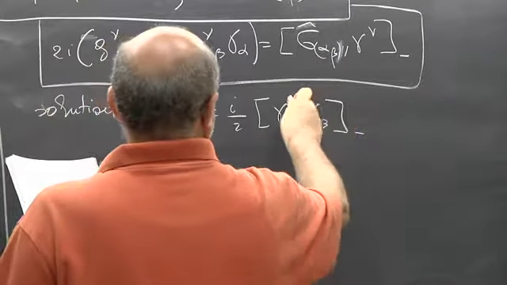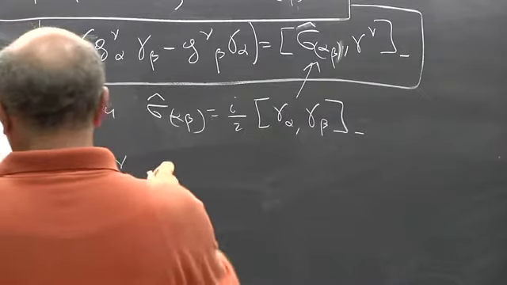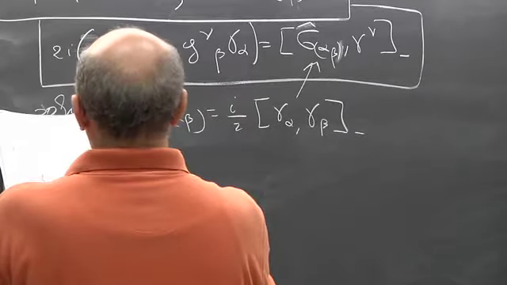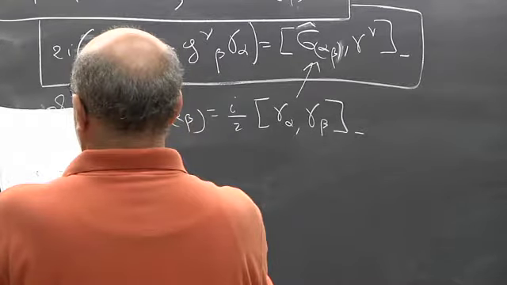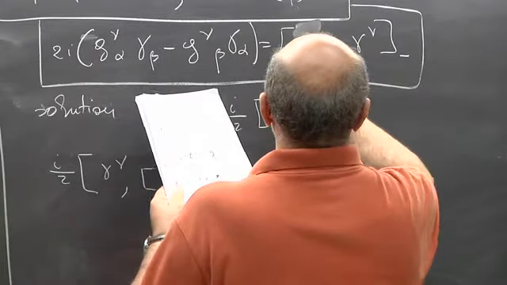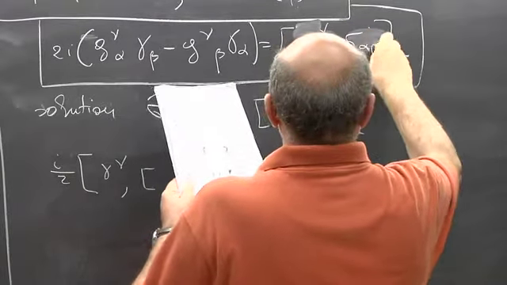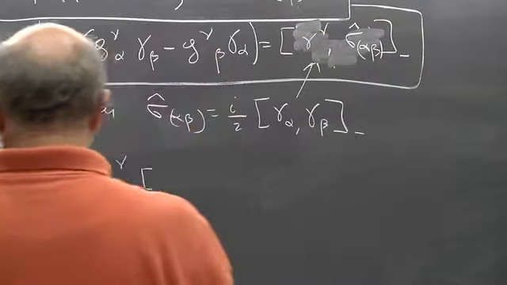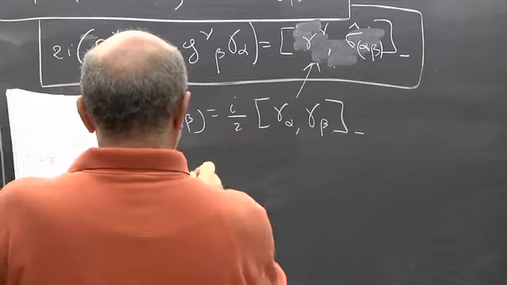Okay, so let's insert this expression into here. We have i over 2 gamma nu, sorry, it is the other way around. It is gamma nu sigma alpha beta. Whatever, there was a sign that I misplaced. So now let's insert this expression there, and I have gamma alpha, gamma beta.